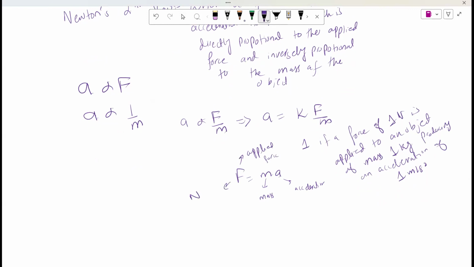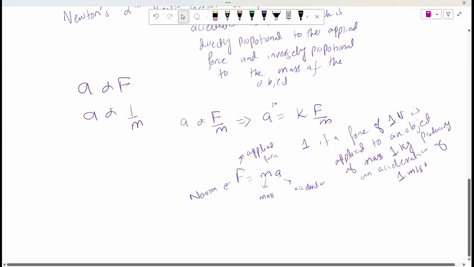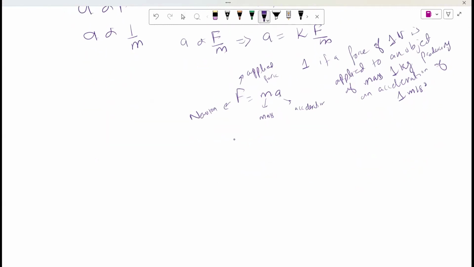Force has a unit of newtons. And what would be the unit of Newton in terms of other units? What is the unit of mass? Kilogram. And what is the unit of acceleration?